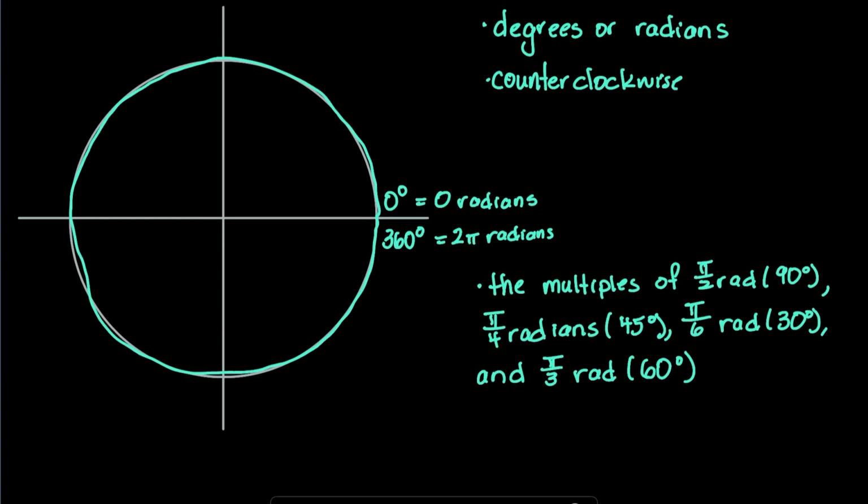So the entire circle is made up of multiples of those 4 angles. So we'll start with pi over 2, and then we'll work our way all the way through the other 3.